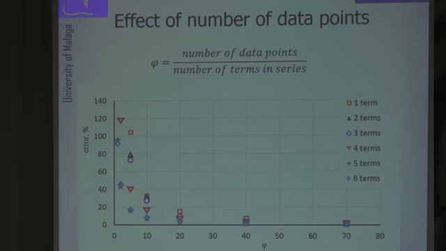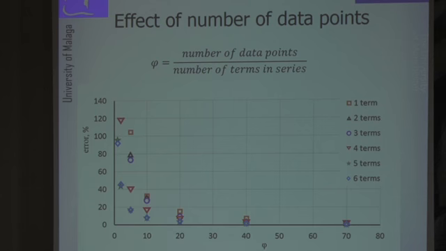We show here the error against this phi, which is a measure of how many data points we need. We can see that, provided we have more than 40 times more data points than the number of terms, then we have a good fitting.